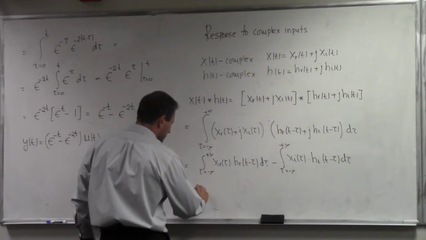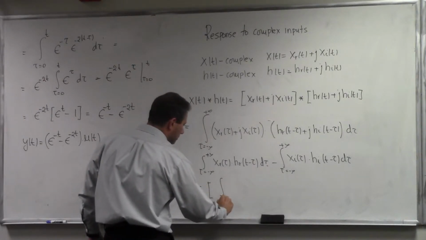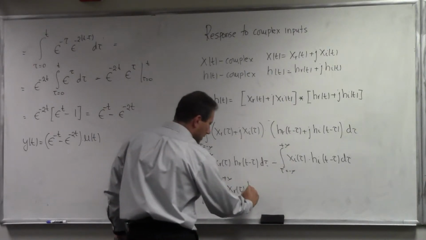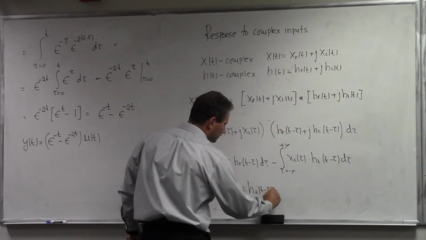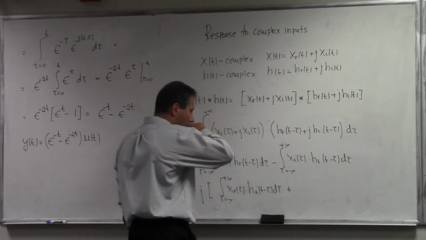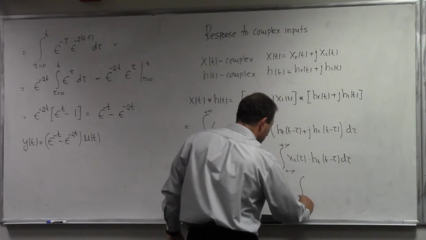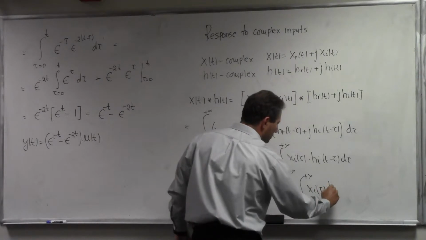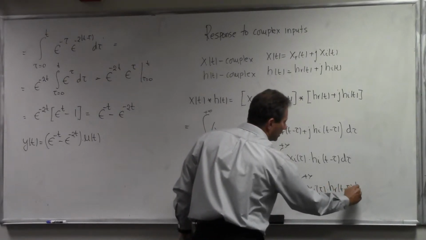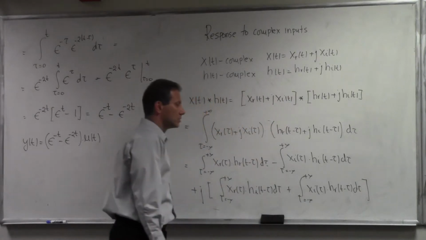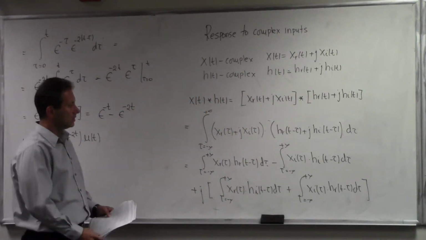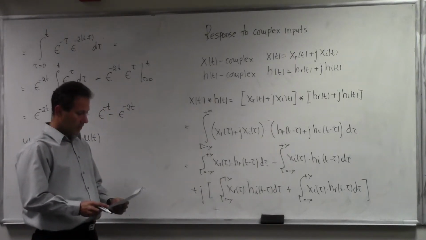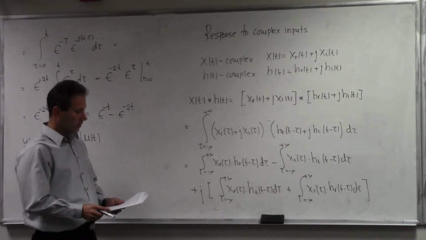And two other terms are plus j, integral tau goes from minus infinity to plus infinity, x real of tau times h imaginary of t minus tau, d tau, and then plus integral tau goes from minus infinity to plus infinity, x imaginary of tau, h real of t minus tau, d tau. So complex convolution ends up being just a linear combination of the real ones. So by knowing how to evaluate the real convolution, there's no mystery about the complex convolution at all.